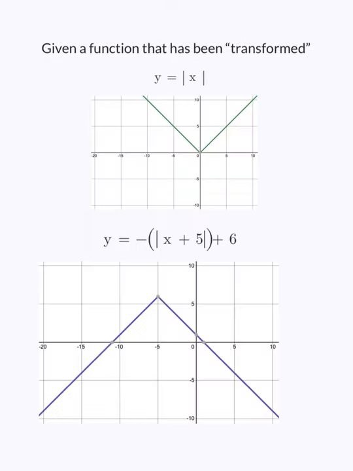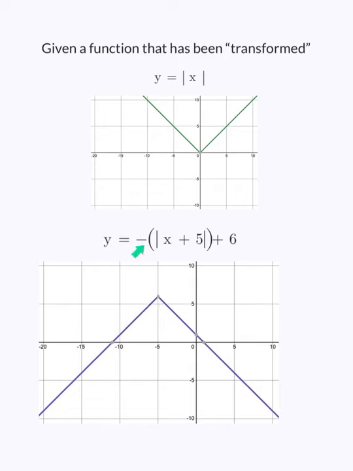We can see that on these graphs. This would have been what my original parent function would have looked like, where I have y equals the absolute value of x, which looks like a little v and has this point at 0, 0. But after the transformation, you can see where the v was pointing up, now it's pointing down.